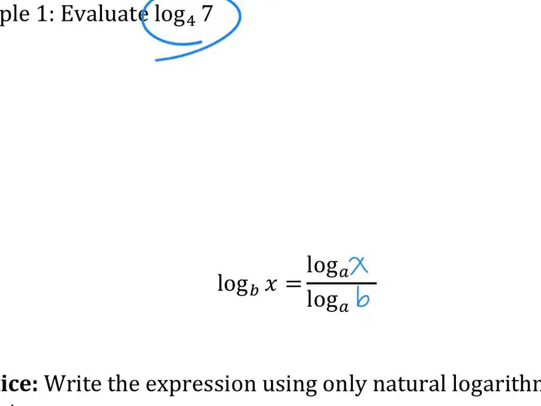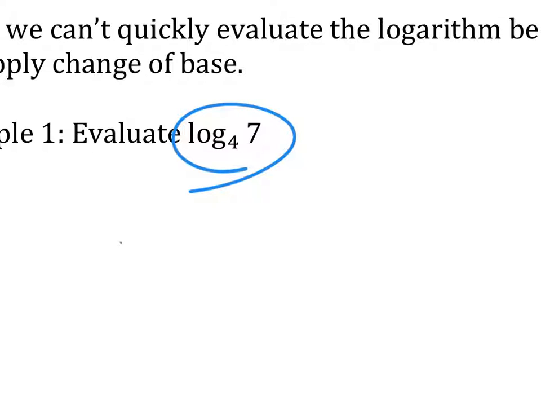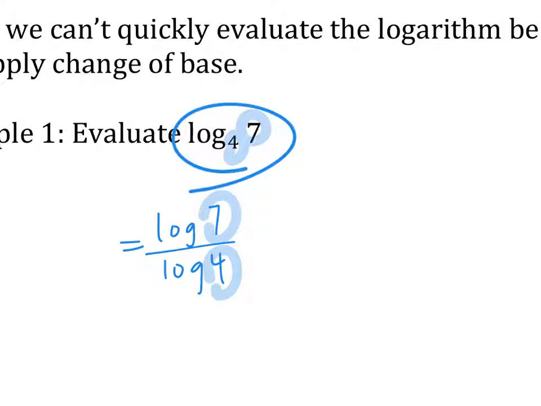So, for example, this one, log base 4 of 7. Most calculators cannot calculate that. Now, if you have the newer calculators, you can change base. You just have to find that button. Let's say your calculator does not have it. Then you need to change the base yourself. You can change it to any base you want as long as the numerator and denominator have the same base. So you can do log 7 over log 4. Notice that the 7 is that 7 inside, and this 4 is that base.